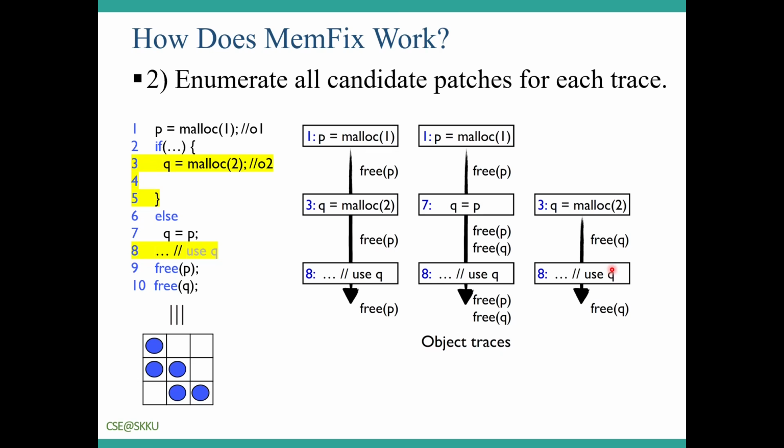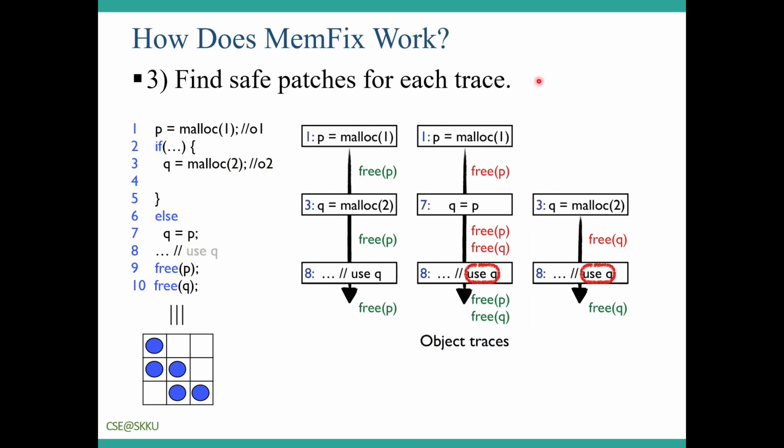So in this way, MemFix first enumerates all valid patch candidates per trace, each representing a location where the corresponding object can be deallocated. Next, we eliminate the unsafe patches, those highlighted in red, from the set of candidate patches.